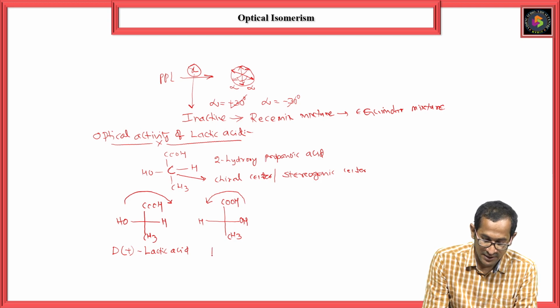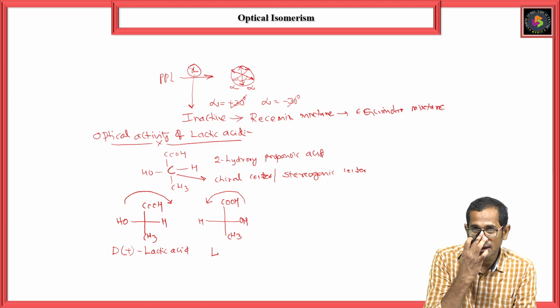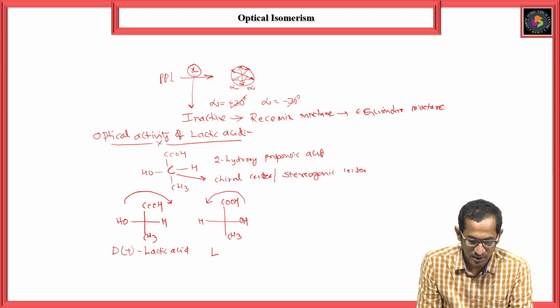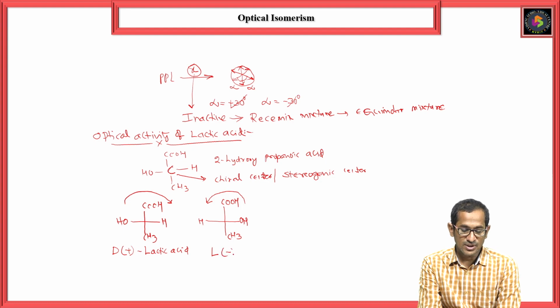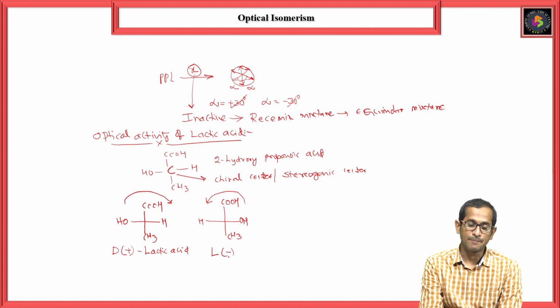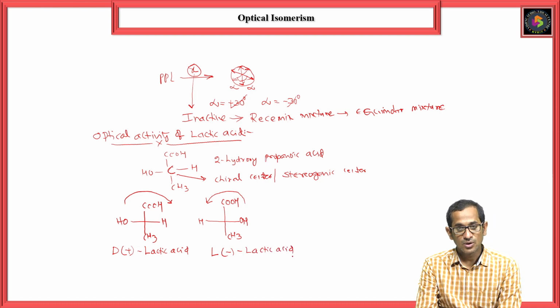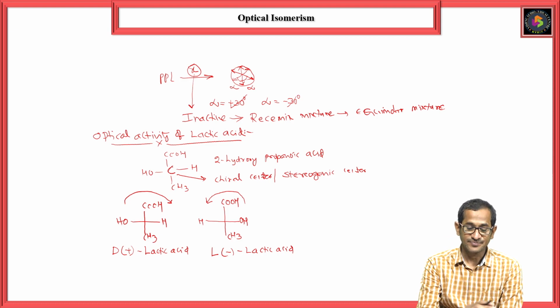That is indicated with L, because it is laevorotatory: if a compound rotates the plane polarized light towards the left, counterclockwise. The negative sign is used to indicate laevorotatory lactic acid. So these two are the D and L isomers of lactic acid.